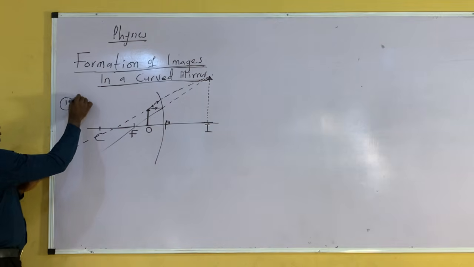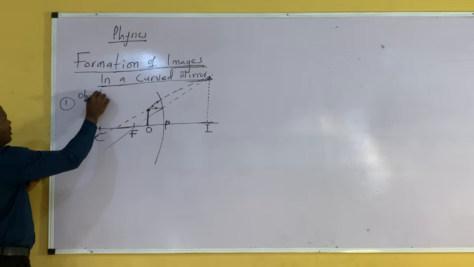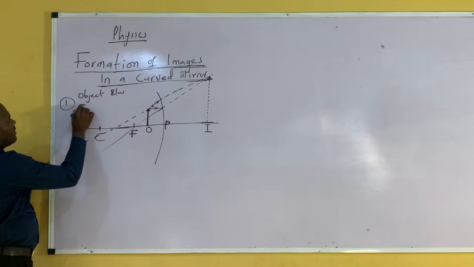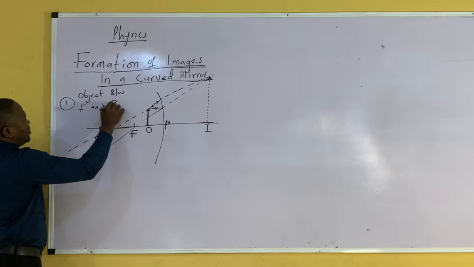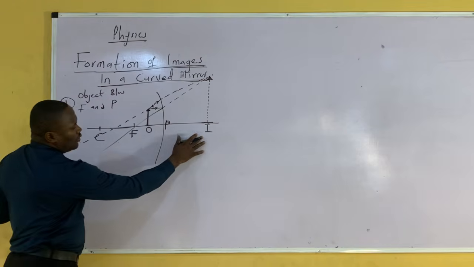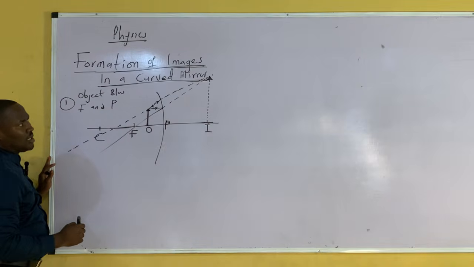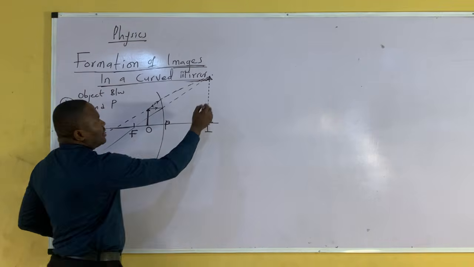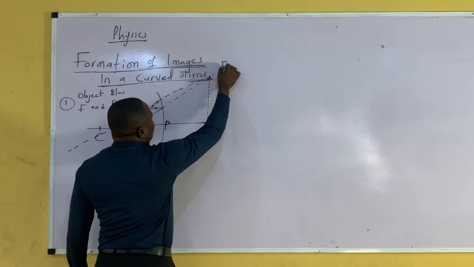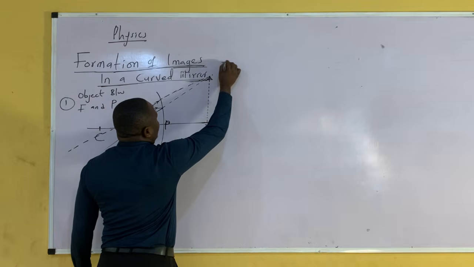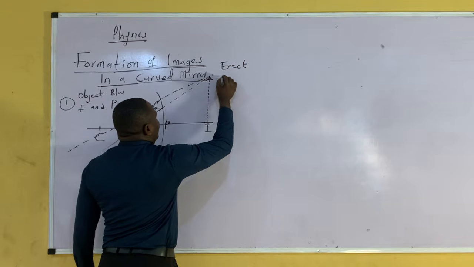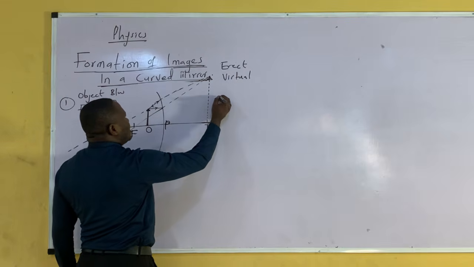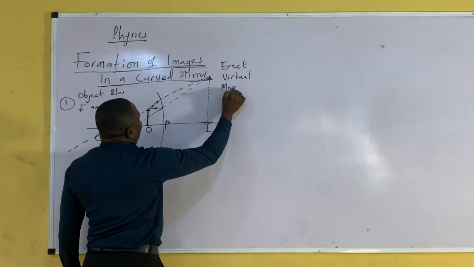Now remember, object between F and P. The nature of the image formed is: the image is erect, the image is virtual, the image is magnified.